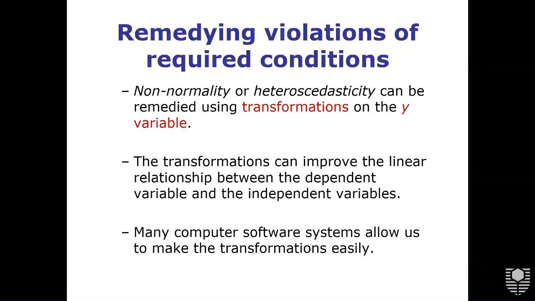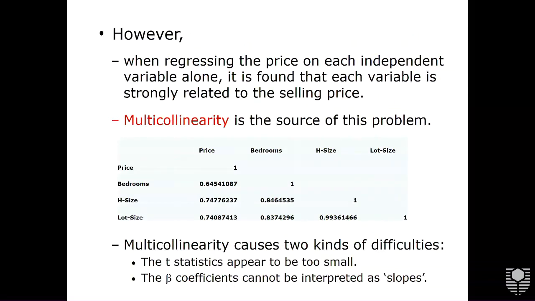Sorry, how did you get that last statement? This one? Yes, the coefficient cannot be interpreted as slope. Because in here, the number of bedrooms, as you can see, is highly correlated with the house size, 84%, alone. And the number of bedrooms is highly correlated with the lot size.